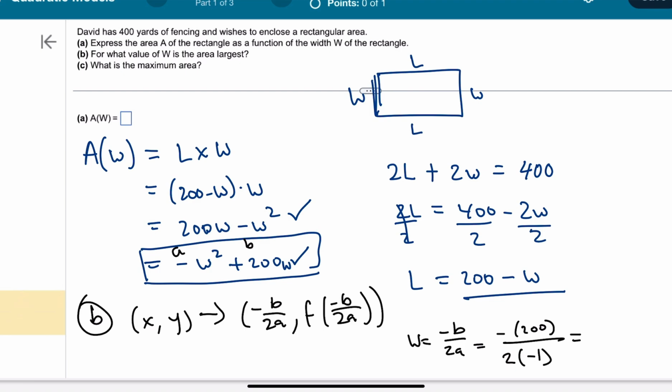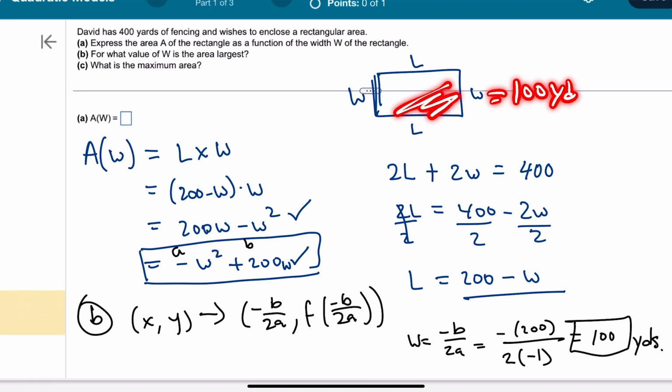And if you do the math, the negatives cancel out, and then 200 divided by 2 is 100. So that's your W. But remember, don't forget the context. That's yards, right? So it's 100 yards. All right. So what that means is the width has to be 100 yards to maximize the area here, to ensure that you're using all the fencing.